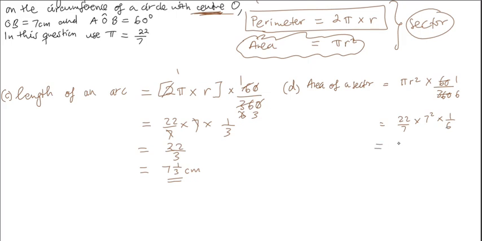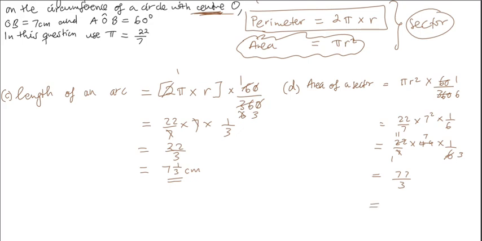So this gives us 22 over 7 times 49 times 1 over 6. This simplifies: 7 into 7, 1, 7 there; 6 by 2, you get 3; 22 by 2, you get 11. Up there we're getting 77 over 3.